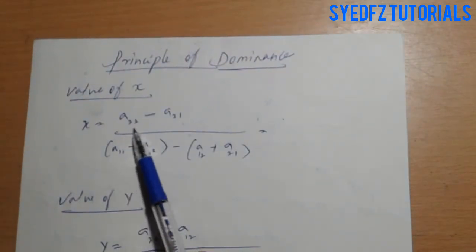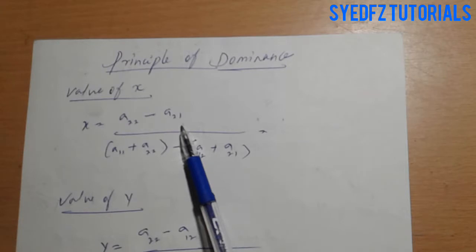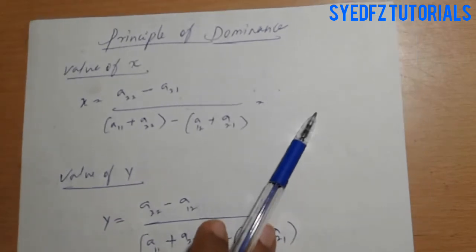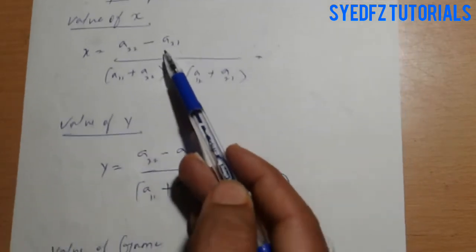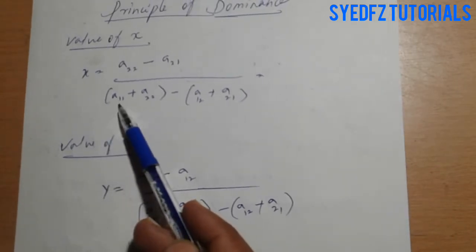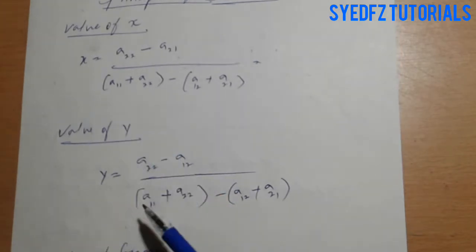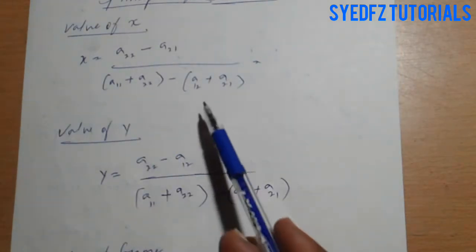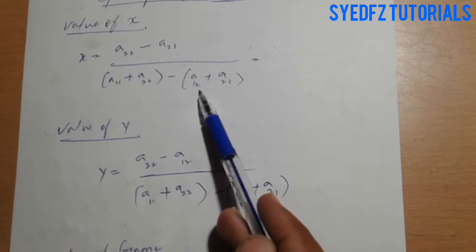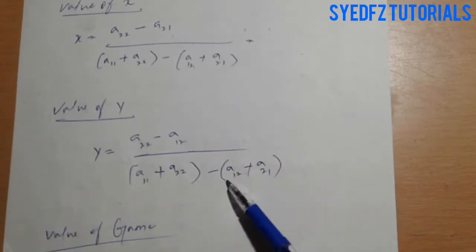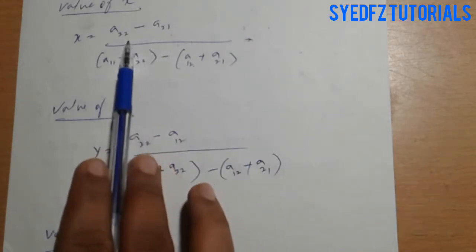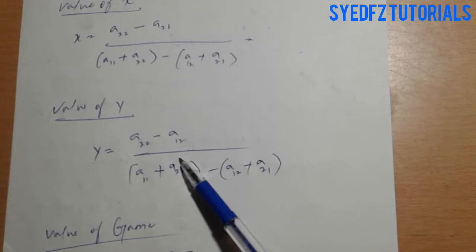For the values of x and y, only a21 changes in x and a12 changes in y, otherwise a11 plus a22 is the same. The denominator is a11 plus a22 minus a12 plus a21, and the minus part is always the same.